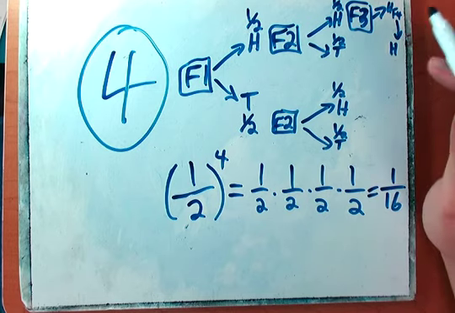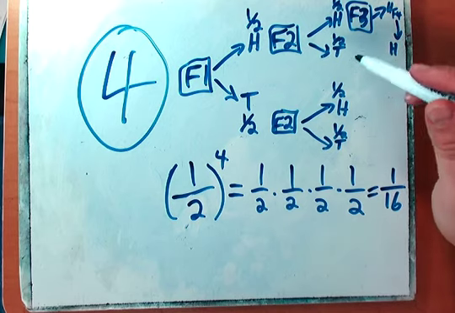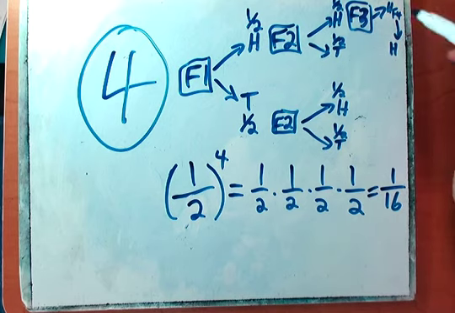But sometimes the question will be asked in a way that you want more than one outcome. For example, I could ask, what's the probability of getting a head and then 2 opposite heads or tails in a row?